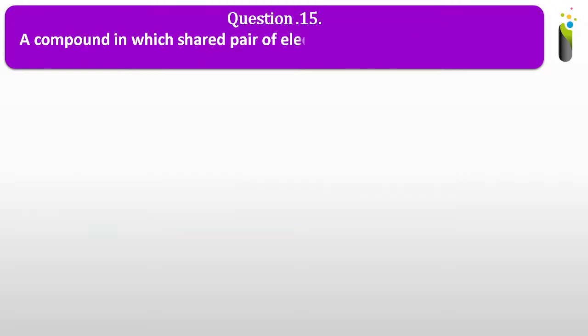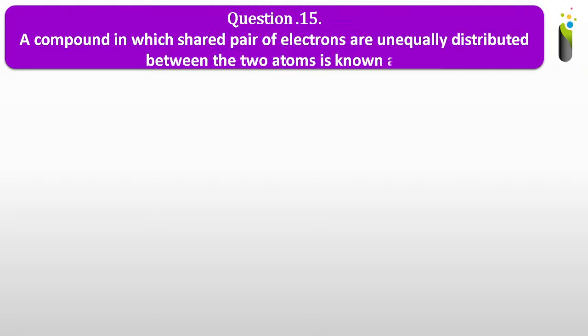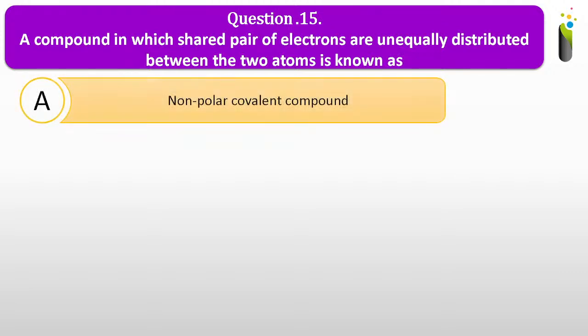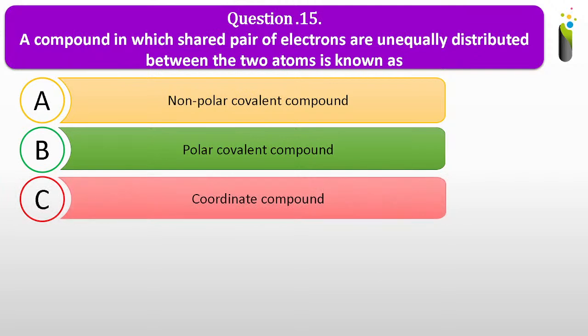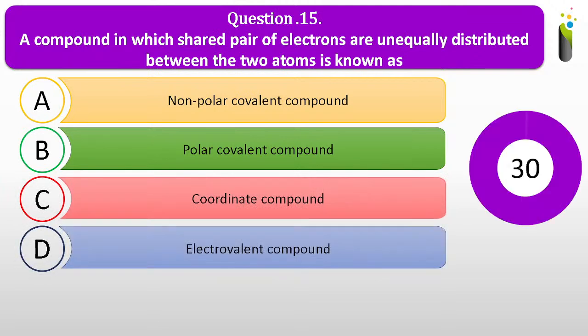A compound in which shared pair of electrons are unequally distributed between the two atoms is known as dash. A. Non-polar covalent compound. B. Polar covalent compound. C. Coordinate compound. D. Electrovalent compound.